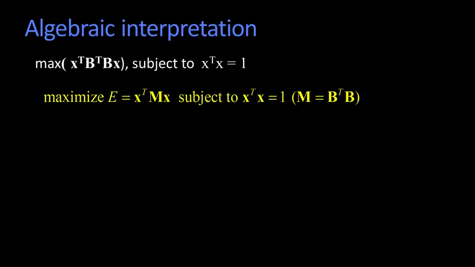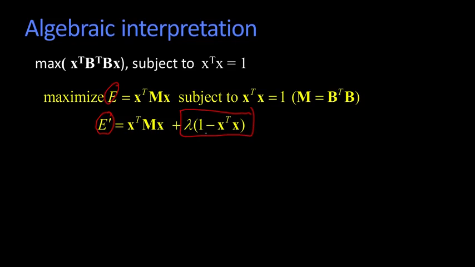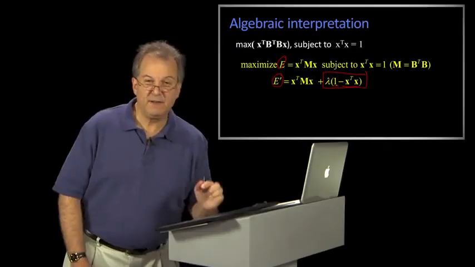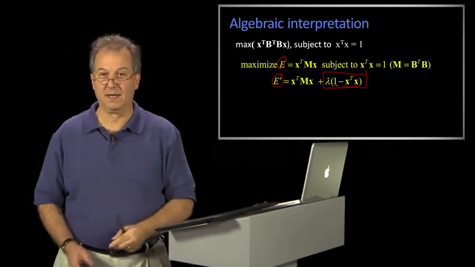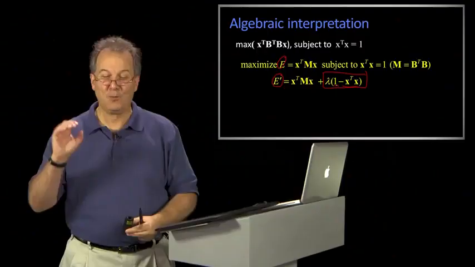Now, I'm not going to tell you a lot about this method, but I am going to introduce this quick notion of what's called Lagrange multipliers. Here is E, and here's E prime. And you notice that what we added to E prime is this term, lambda times (1 minus x transpose x). So Megan, if everything is solved correctly, 1 minus x transpose x should be what? 0?